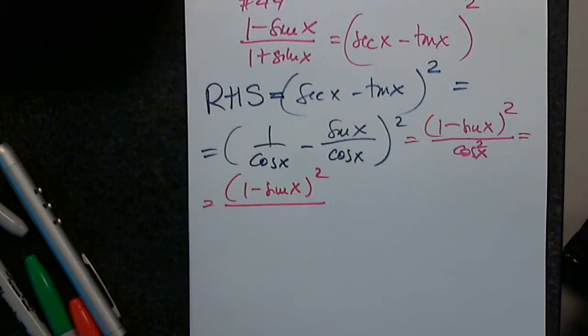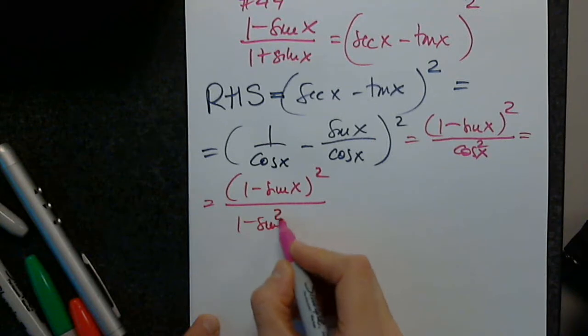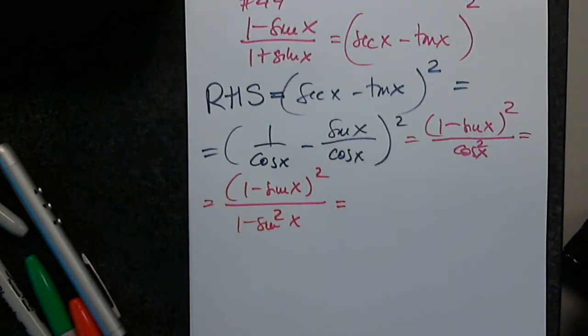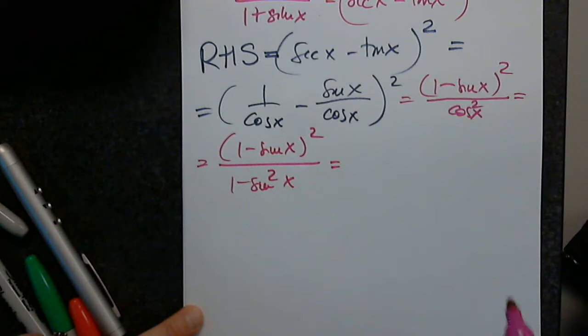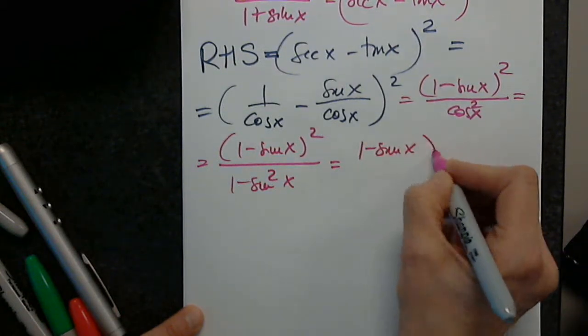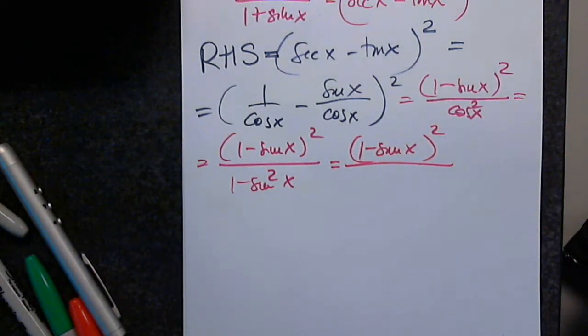No, it's 1 minus sine. And we have an agreement on the bottom. Difference of squares.